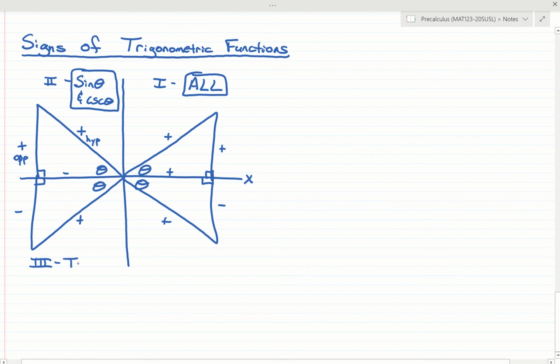Tangent would have a negative opposite and a negative adjacent, meaning that tangent would be positive, and so would cotangent. And then in our last quadrant, we have a positive adjacent side and a positive hypotenuse, so that means that in quadrant 4, cosine would be positive and secant.